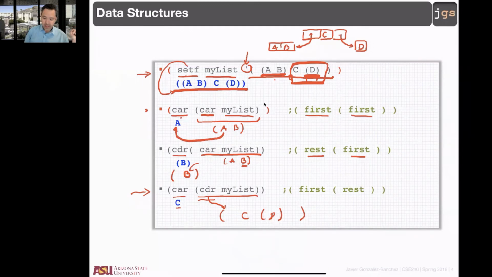Good. And then I am calling first. And when I call first, I get the first element, used like it appears in the list. It's a C without parentheses. If I call first on the full list, it's going to be A and B inside of parentheses. It's not going to change anything.